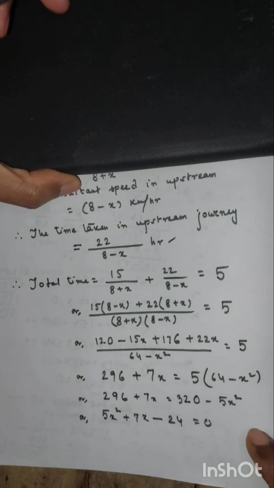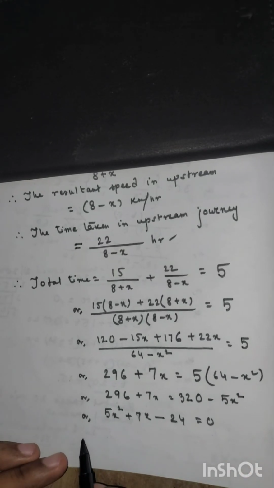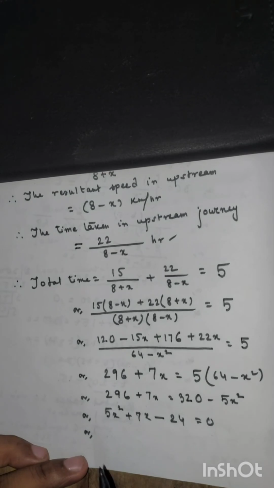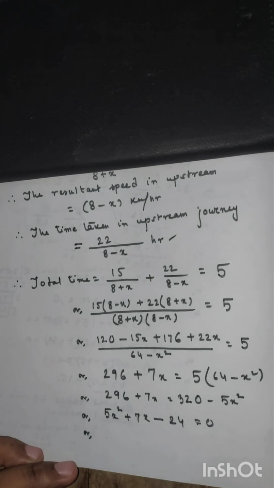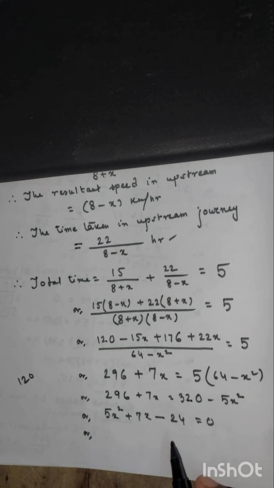So 296 in plus and 320 in minus, so it is minus 24. So 24 into 5, 120.